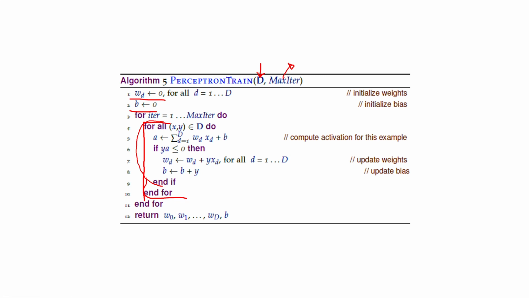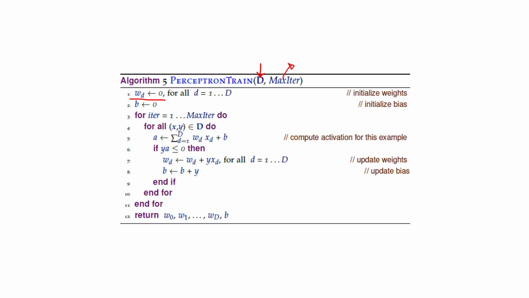Let me just pull up my eraser because I messed this up. But yeah, we're going to discuss more about the iterations later, but let's just focus on lines 4 to 10 first.